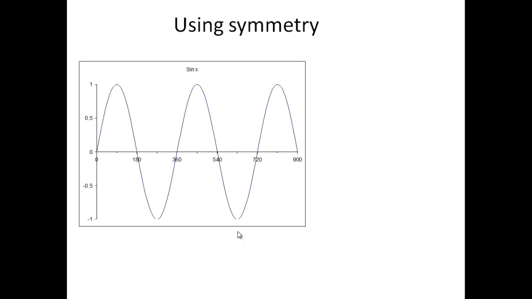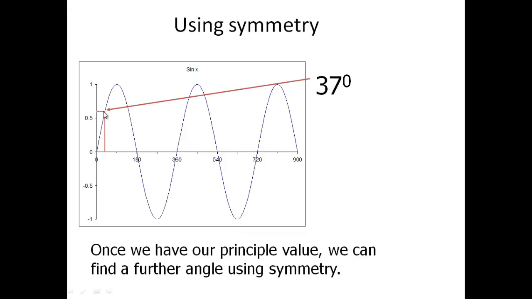The first way we find an alternative solution is by symmetry. So for this sine, we found 37 degrees. We find the next value using symmetry, like so. You can see here that there's a line of symmetry at 90 degrees.